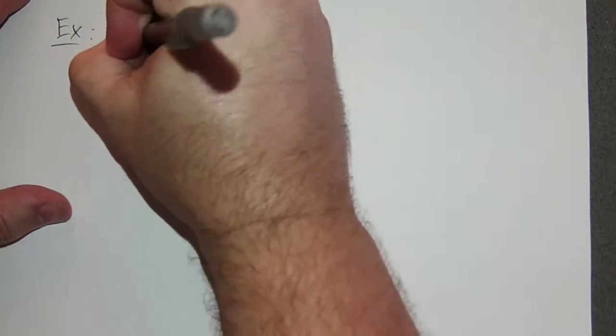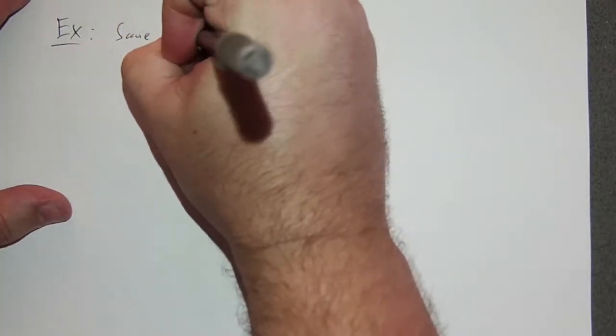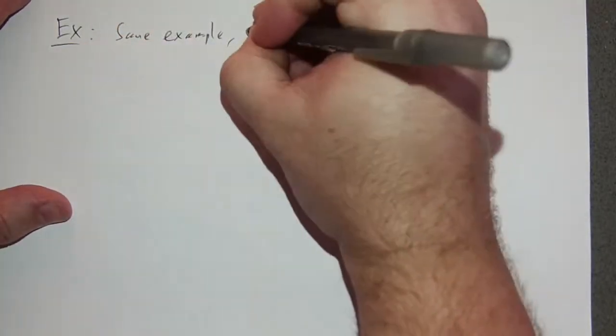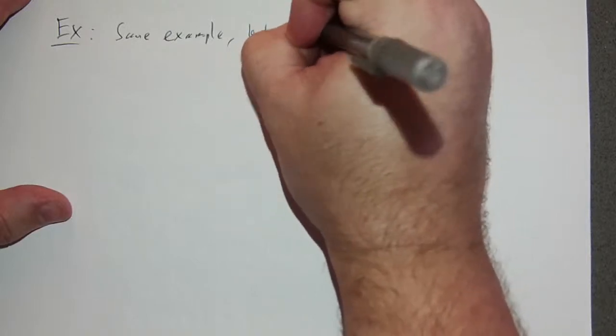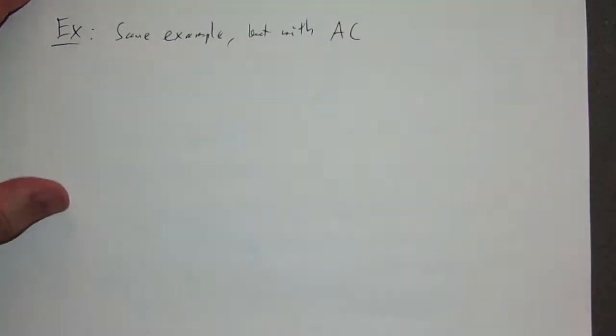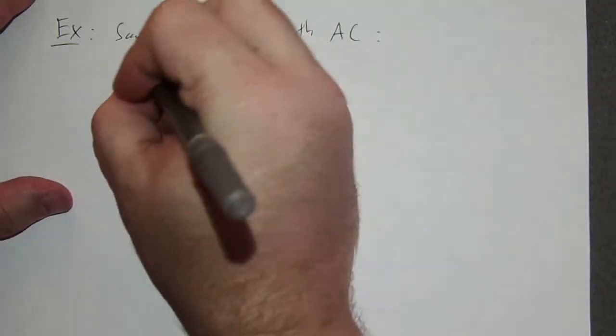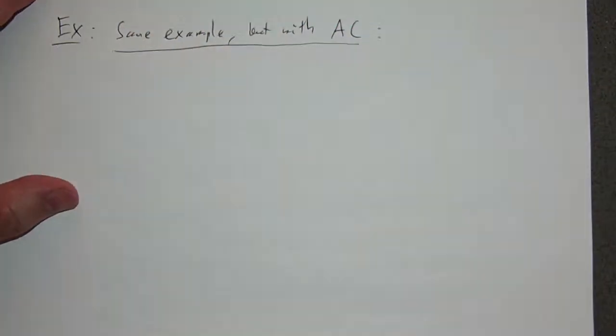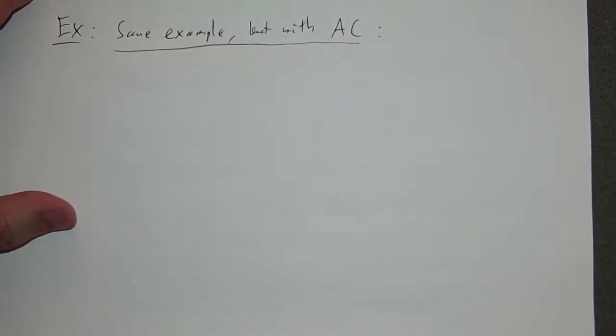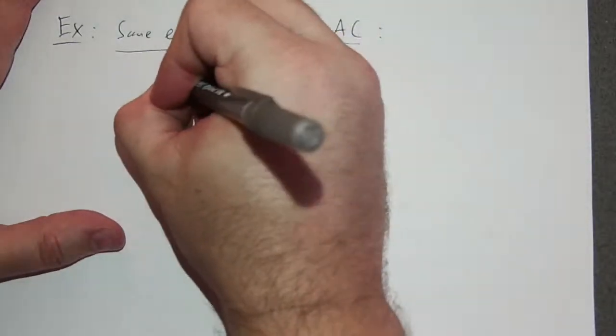Same example, but with auxiliary condition. So what are we going to have? Let's choose some specific numbers here.